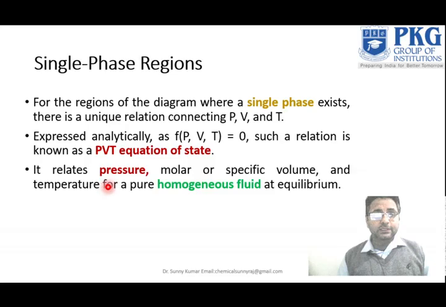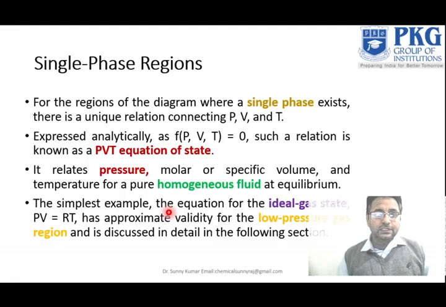It relates pressure, molar or specific volume and temperature for a pure homogeneous fluid at equilibrium. The simplest example is the ideal gas equation of state, PV equal to RT, which has approximate validity for the low pressure gas region and is discussed in detail in the following sections.